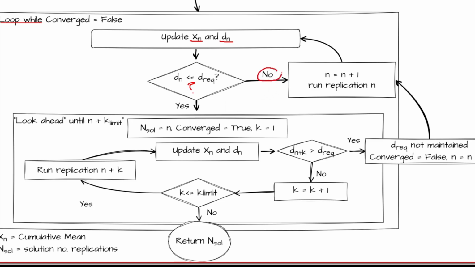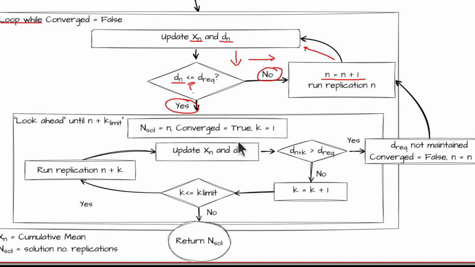If no, which is pretty likely to start off with, we'll increase the number of replications we're going to run and run that extra replication. And we'll go round in this loop until we hit this condition where our current precision is equal to or less than our required precision of 10%.